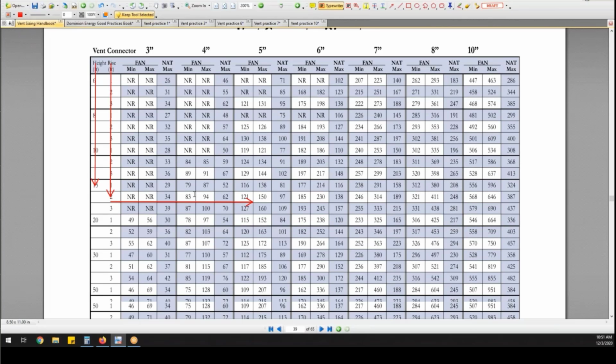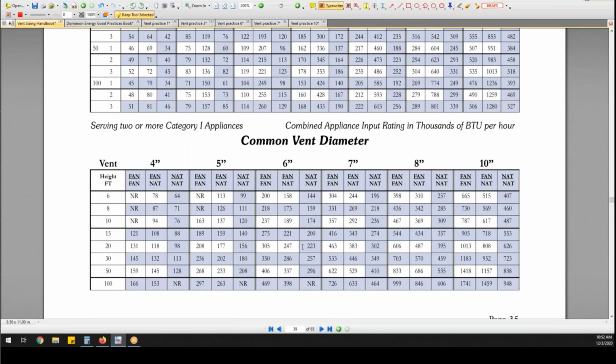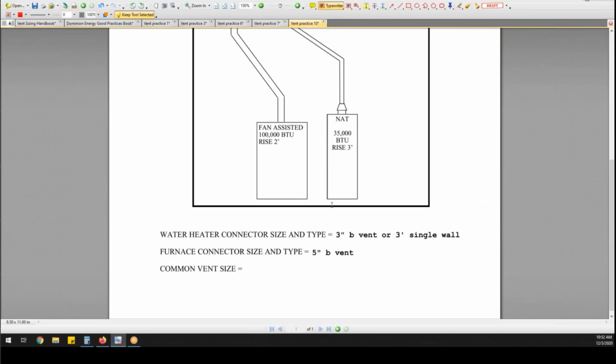Now, you've all noticed these new charts have a common vent diameter, a new chart at the bottom. Aha! Here's the deal. Here's how this works, okay? I'm going to go ahead, because I want to save money, I'm going to vent the water heater in 3-inch single wall.